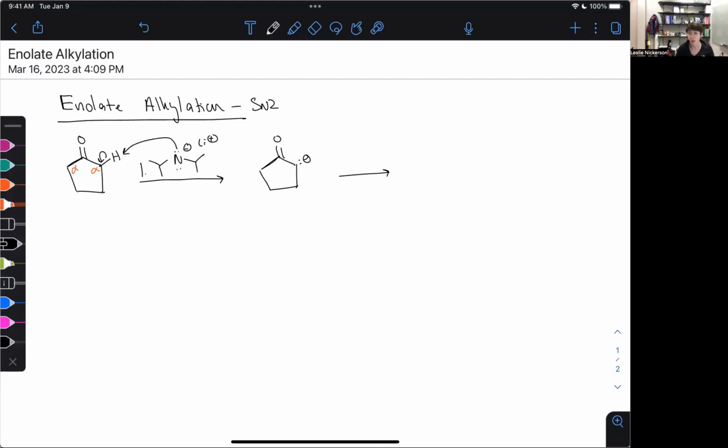So then we can just throw in whatever alkyl halide, epoxide, whatever kind of electrophile you want here. That's going to be step 2. I'm going to throw in propyl bromide. Now we're going to use our newly formed enolate as our nucleophile and do our SN2 reaction.